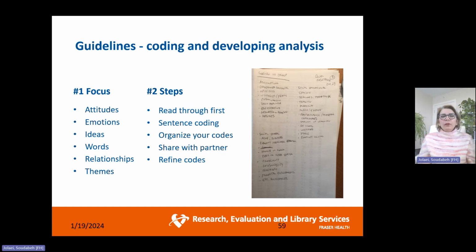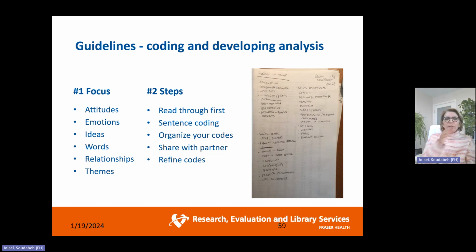For coding and developing analysis, we focus on attitudes, emotions, ideas, words, relationships, themes, and we read through, do first sentence coding, organize our codes, share with a partner, and refine codes.